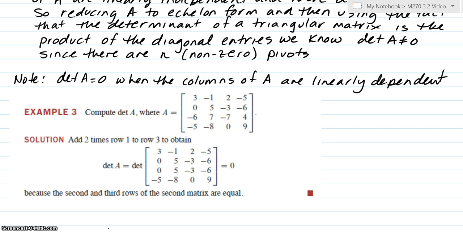And all they did is they realized that if you take 2 times the first row and add it to the third row, and put it back into the third row, you're going to get the same line, so that when we subtract those and do the echelon form between those two, get the pivot now here and get a 0 here, you're going to get a row of zeros. So without doing anything else, you can determine that the determinant is 0.